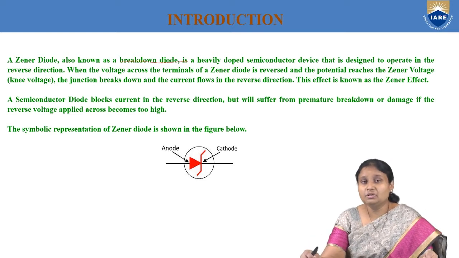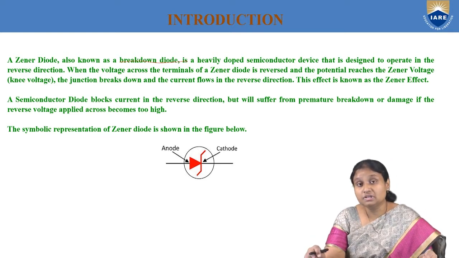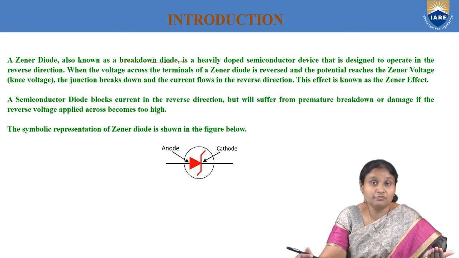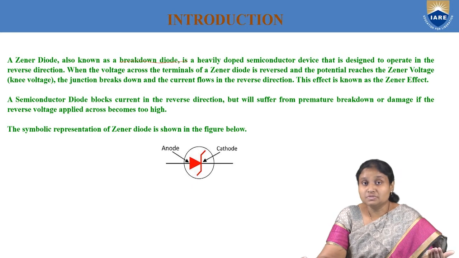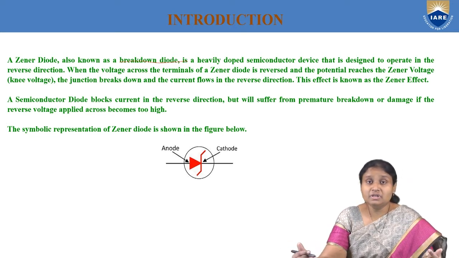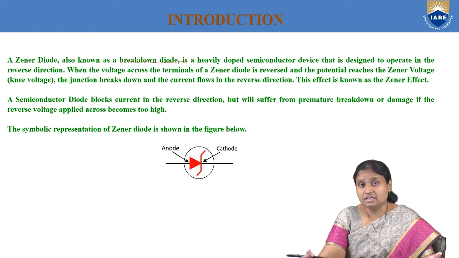And what happens at breakdown voltage? Whatever electrons are taking part in covalent bond formation in the atoms of the intrinsic semiconductor, they are going to gain kinetic energy, come out of their bonds, and give rise to a very large reverse current.